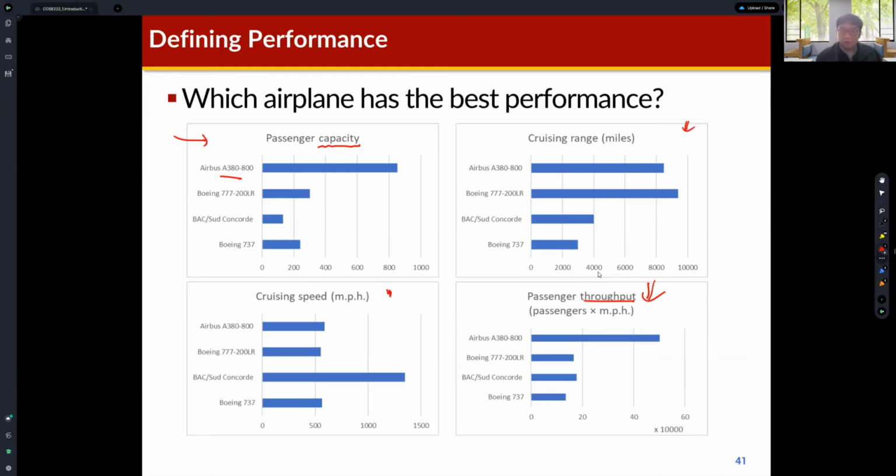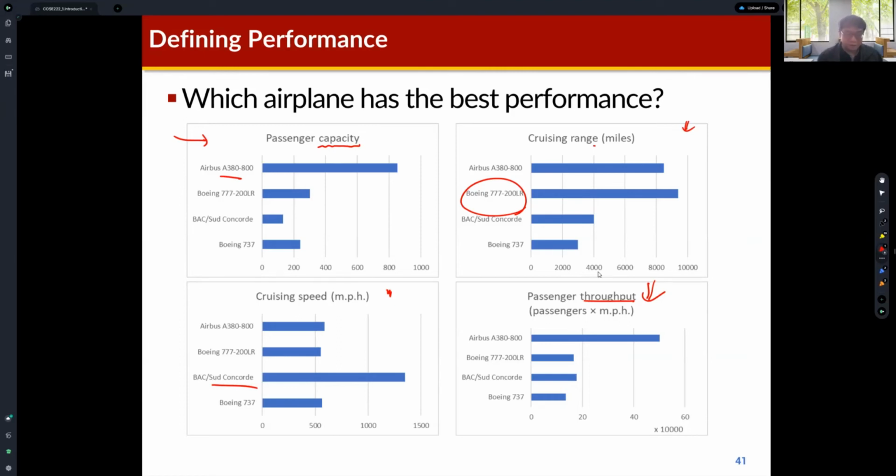How about the cruising range? Which airplane is the best? This one. How about the cruising speed? Oh, Concorde. Concorde is actually very fast, but it's not manufactured today because it's very noisy and it consumes much gas.